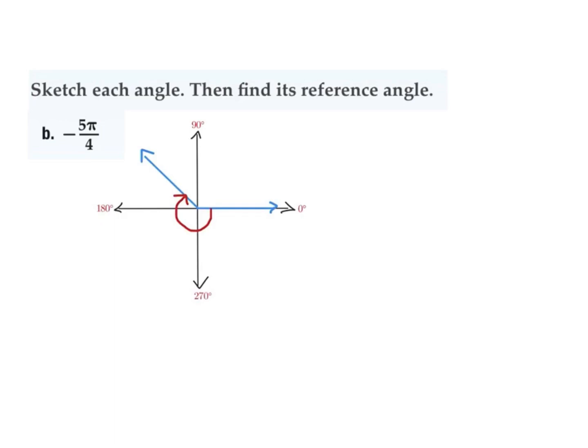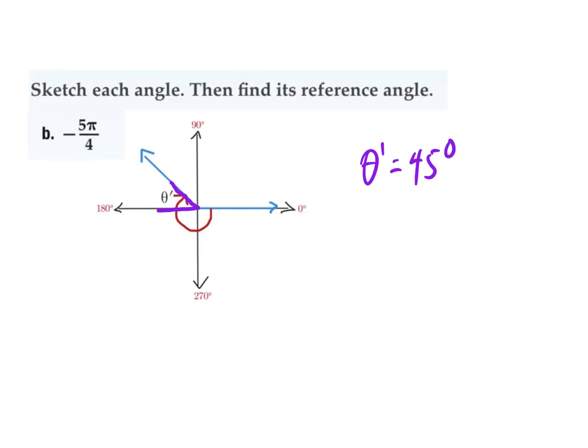Okay? So this reference angle, all right, there's the reference angle, theta prime, right in there. We're talking about this angle right here. What is theta prime? It's 45 degrees, but that's not good.